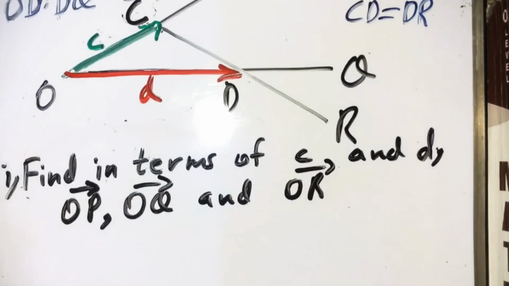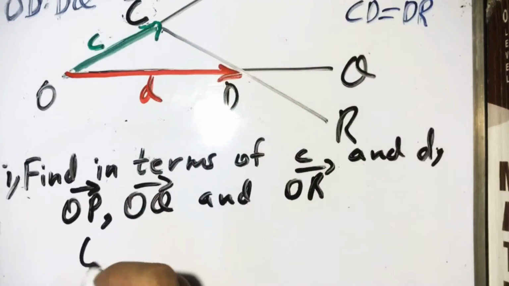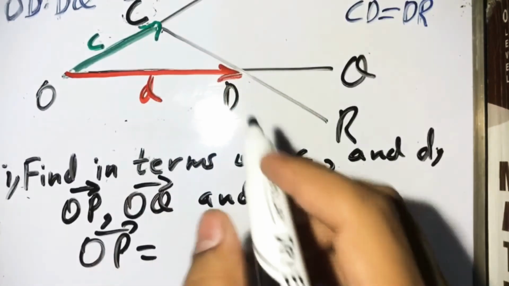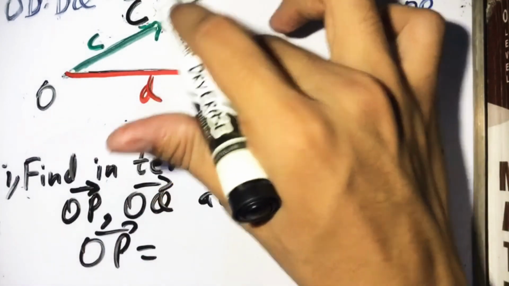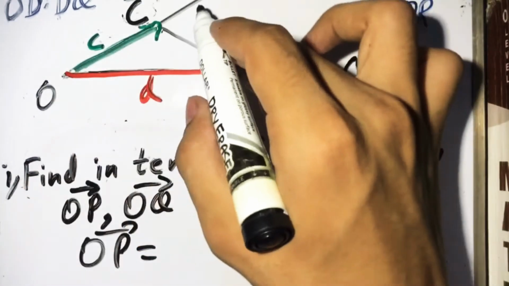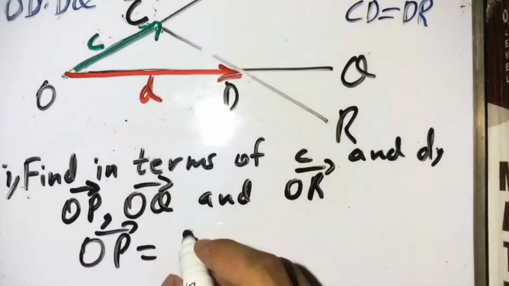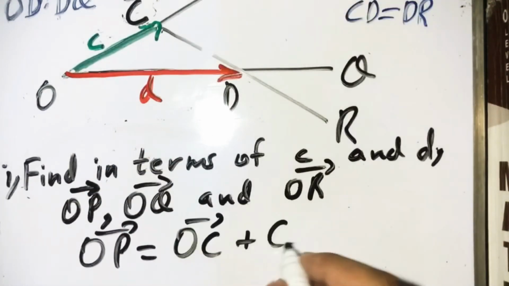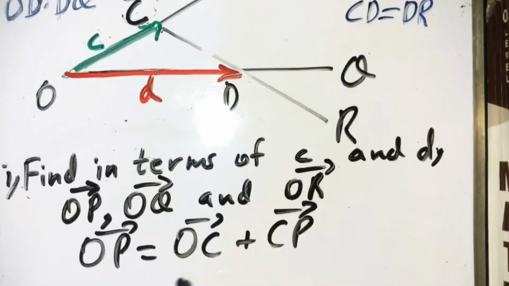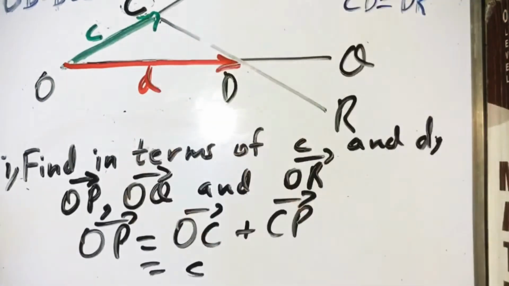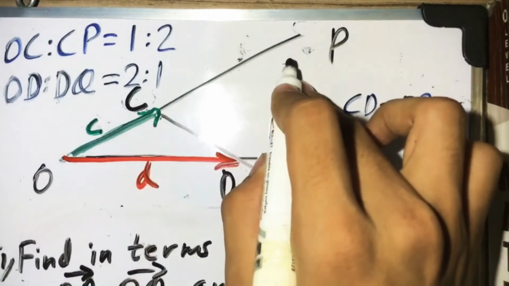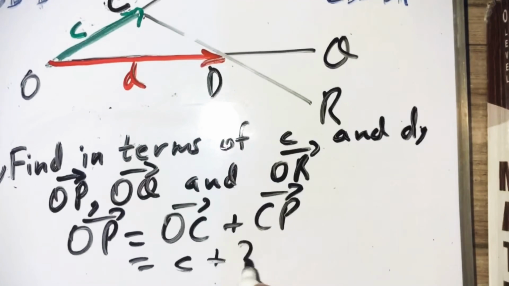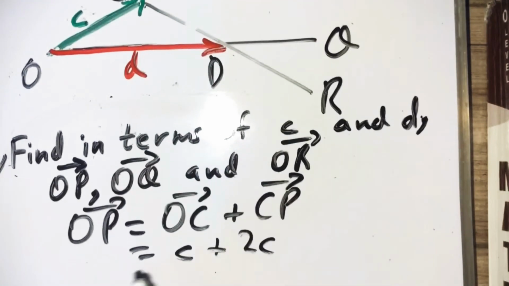Now for OP, the ratio of OC to CP is 1:2. Therefore CP will be 2 times OC. So this is 2C, this is C. OP equals OC plus CP. OC we have as C and CP, because it's in the ratio 1:2, is 2C. Therefore OP equals 3C.